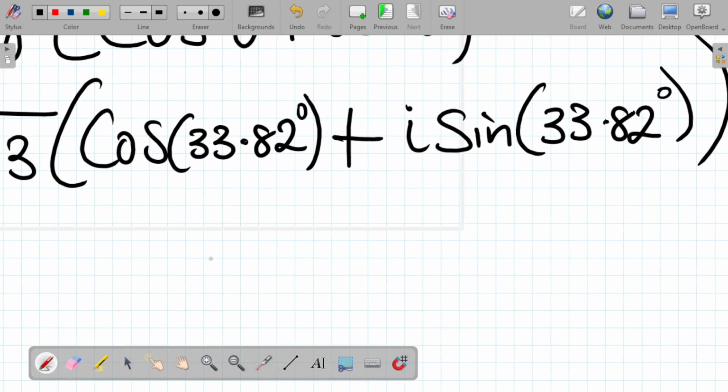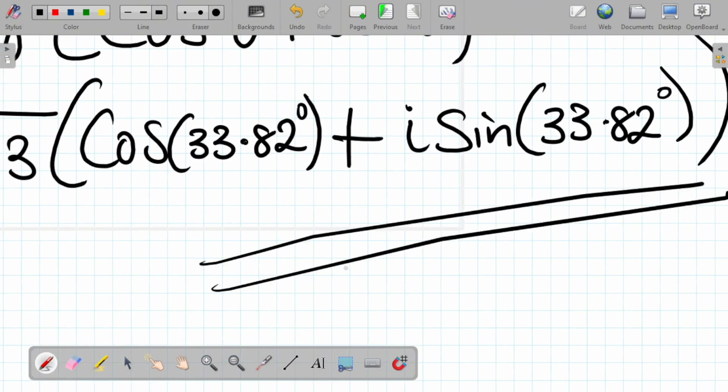All right, so we've now converted from rectangular form to polar form.